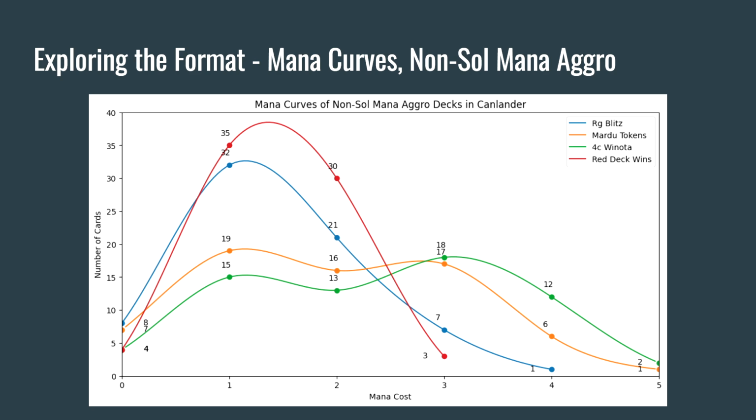You want to accelerate into 3-drops, but if you don't, you're okay playing a couple 2-drops instead of a 4-drop. So there's a higher density of 4s and of 2s than you would expect from a deck that is purely jumping the curve, but it's also not just trying to average the mana out, because normally you wouldn't peak at 3 if you're just trying to play the average mana game.